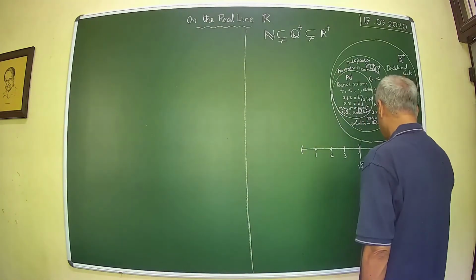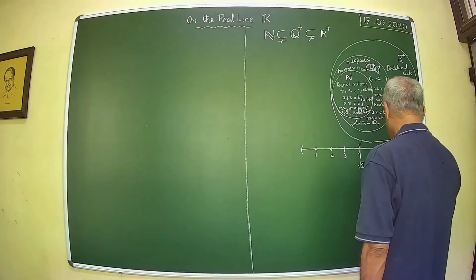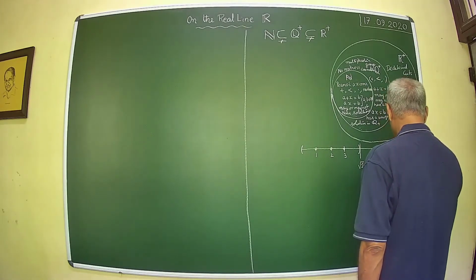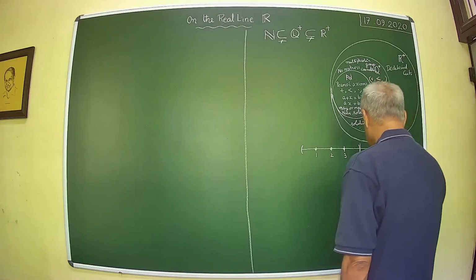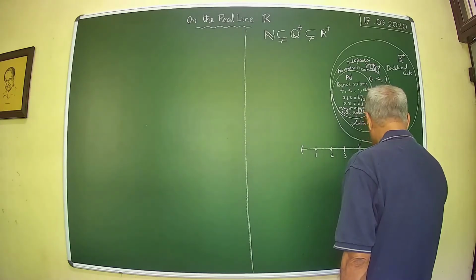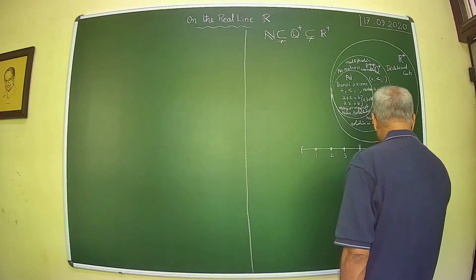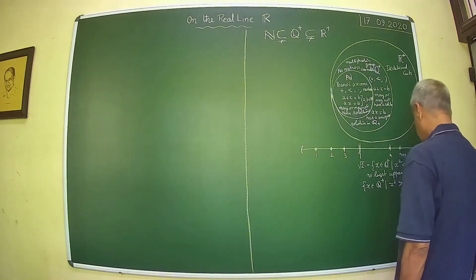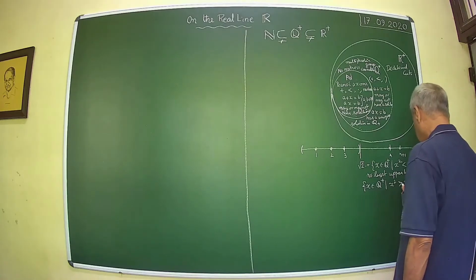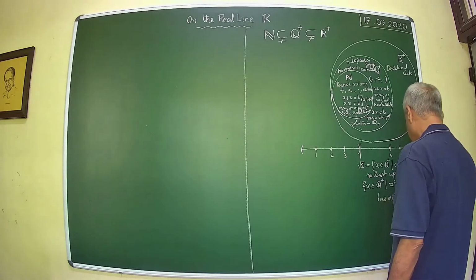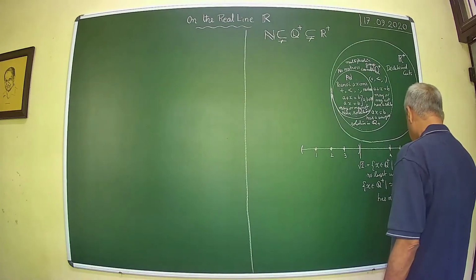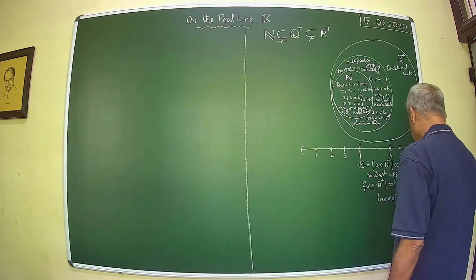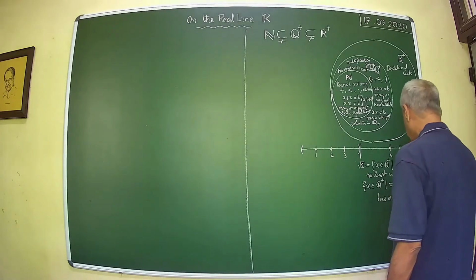So, no least upper bound, and the complement of this, the set of all x belonging to Q plus with x squared greater than 2, even if you put equal to 2, it doesn't matter, has no greatest lower bound.